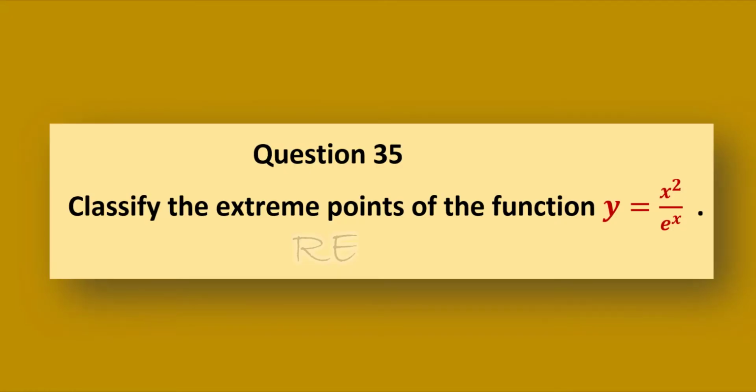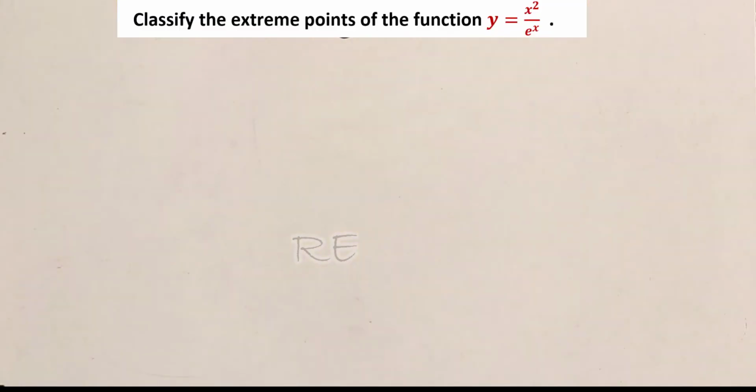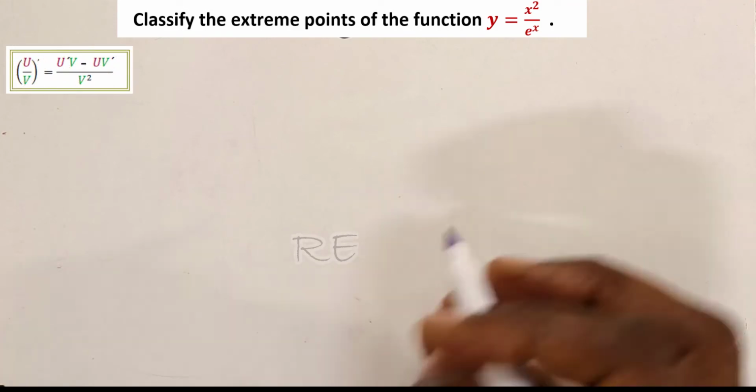To classify the extreme points of the function y equals x squared over e to the x, we need to find the first derivative of y.